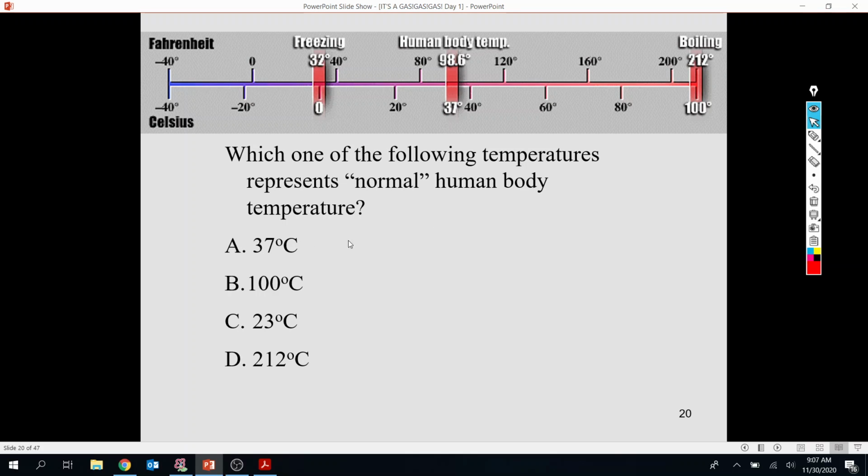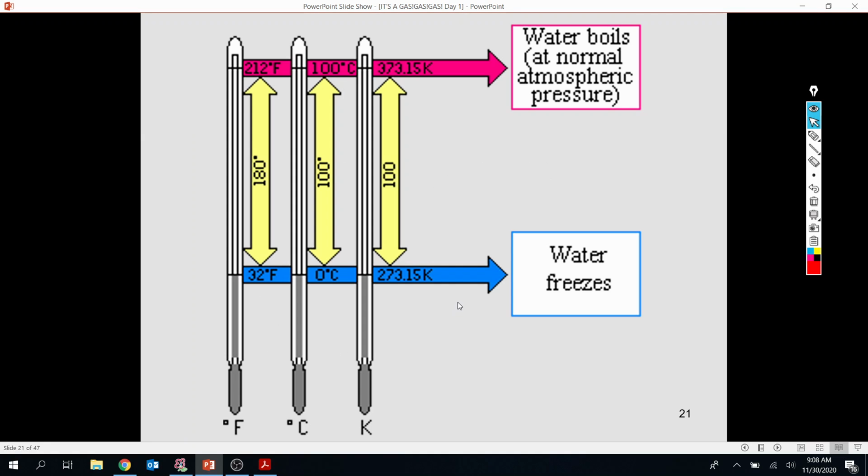Okay, and so here's going to be our answer. We see that 0 Celsius is freezing, 37 is right around normal body temperature, and 100 is boiling, which is 212 degrees Fahrenheit, and that's where that 212 came in as a little gotcha trick. All right. Interestingly enough, there is an additional temperature scale called kelvins.